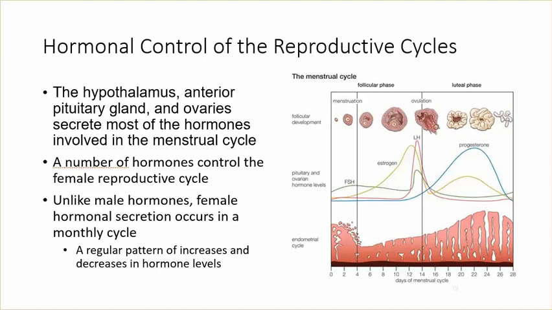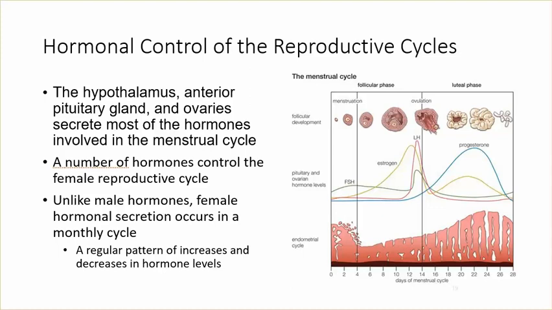So the follicle stimulating hormone goes up, it starts this development. The follicle stimulating hormone means that the follicles become primary follicles and then secondary follicles, and they're producing estrogen.